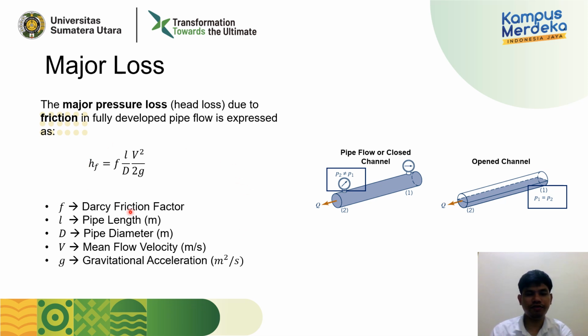From this equation, you can see that major losses are related to the Darcy friction factor, F, the length of the pipe, the diameter of the pipe, the mean flow velocity, V, and the last one, gravitational acceleration, G.